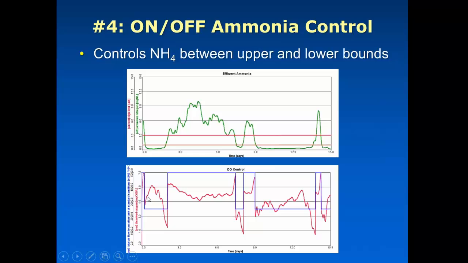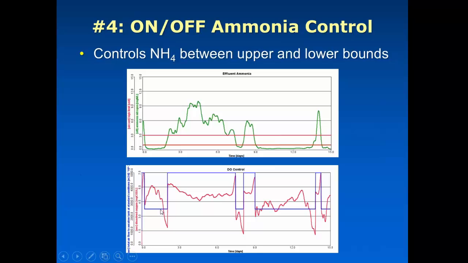But you can see here that particularly when the loading got to a point where it started to increase, the DO starts to drop off quite a bit before the ammonia actually gets to the point where it is already reacting. So it's a bit of a slow controller in that sense, that it waits till things have already hit the effluent before it actually sees something in order to be able to make a change upstream.